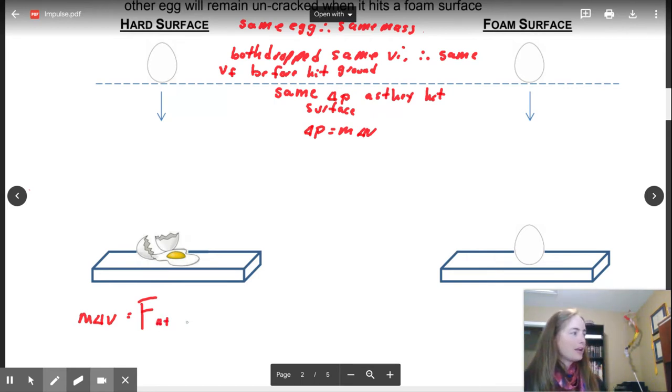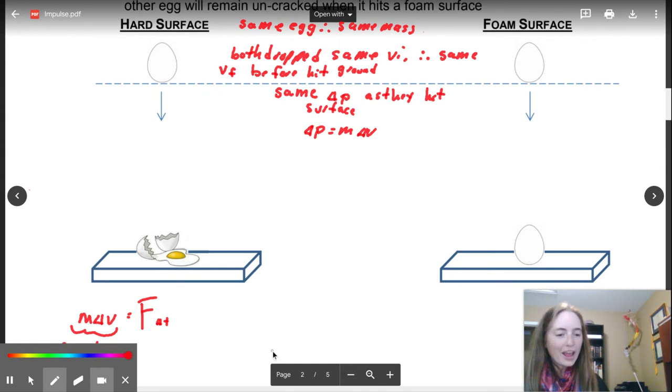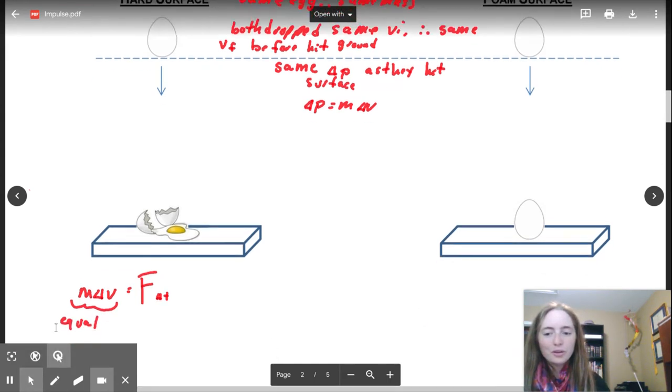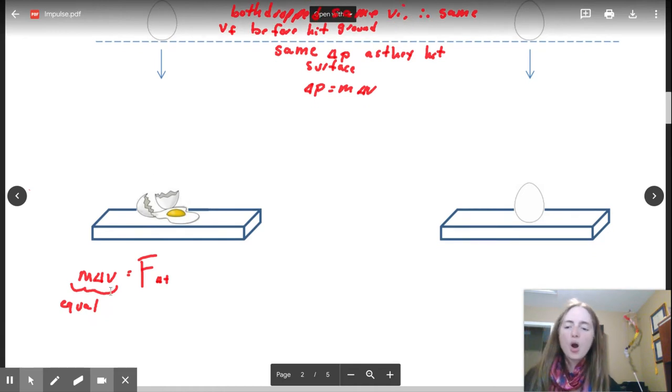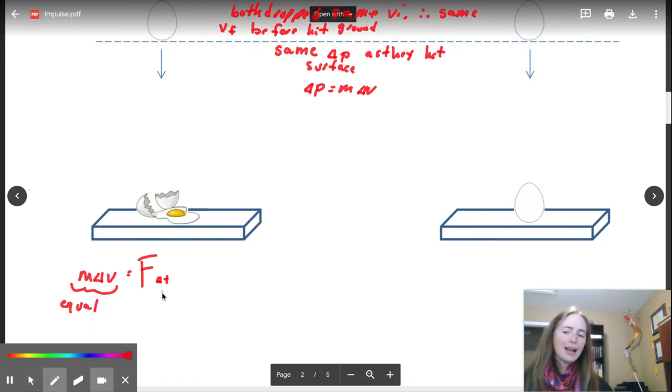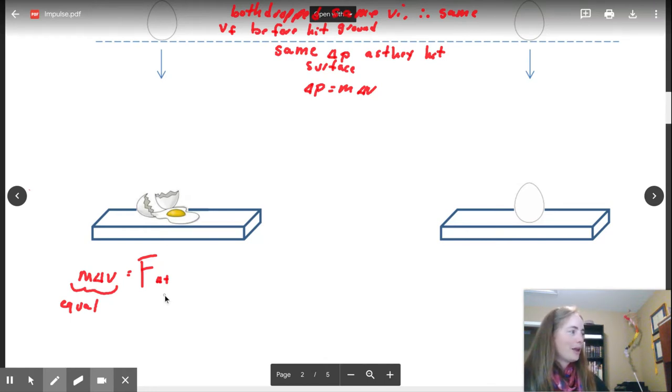So this bit here is equal for both eggs. Equal impulse. However, we can have a larger force in a smaller time. So this egg is going to come to a stop very quickly.